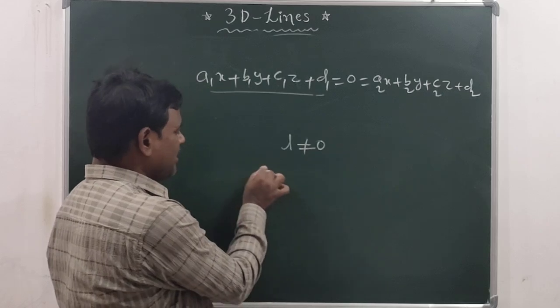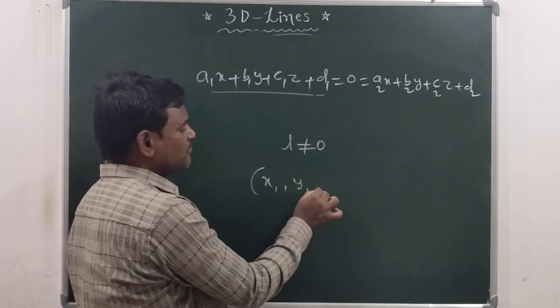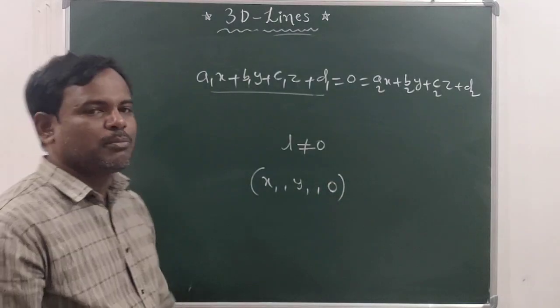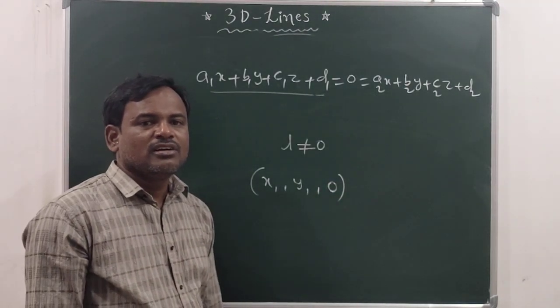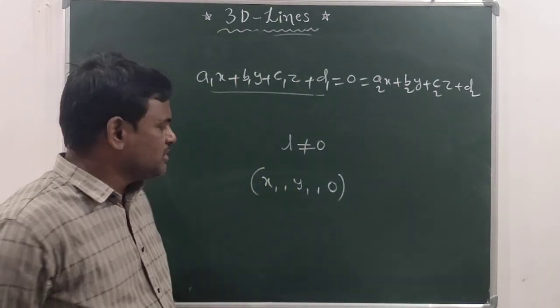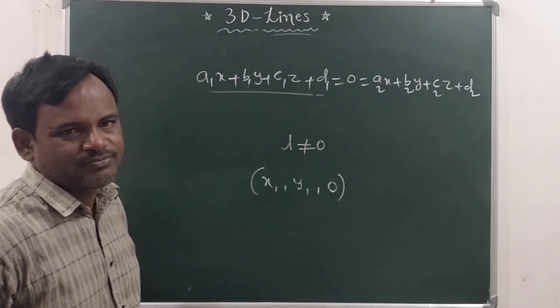Let us take that point of intersection be x1 comma y1 comma 0. This is one of the points which belongs to the line. What is it, students? Point of intersection of that line with the plane.